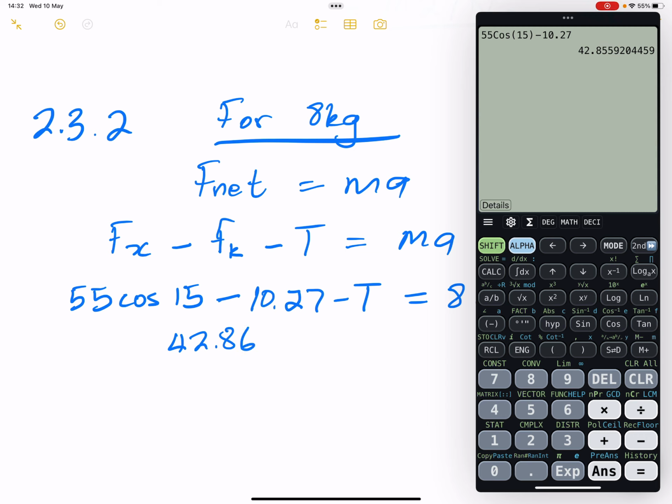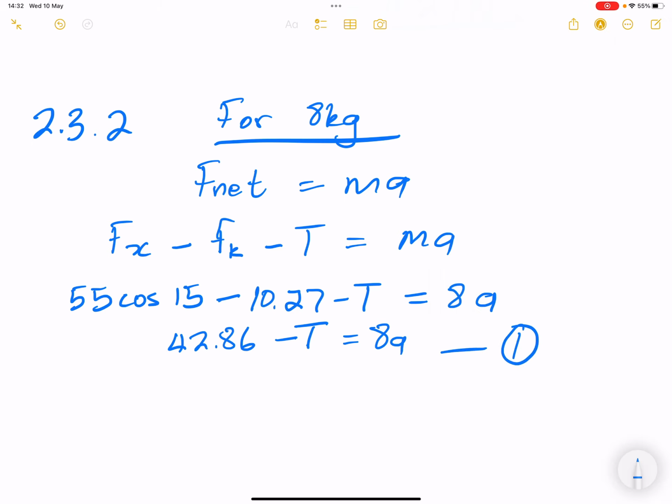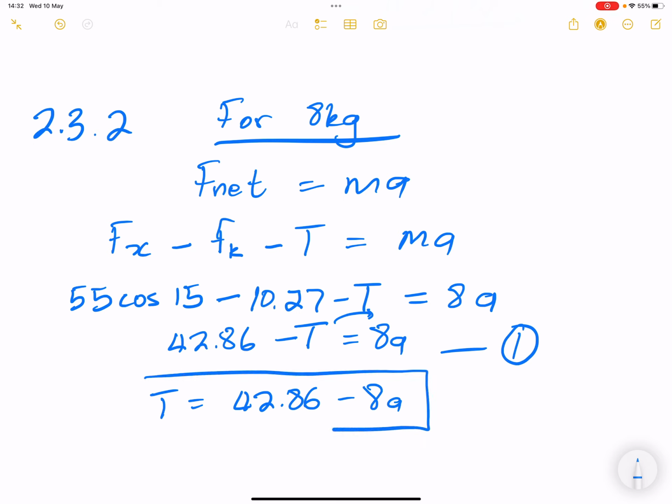So that's 42.86 minus T is equal to 8a. Of course, in this case, I'm going to call this equation 1. Now, if you want to, you can already make T the subject of the formula. That would mean that T would be equal to 42.86 minus 8a. Okay, you can go that route. I am choosing to keep this one.